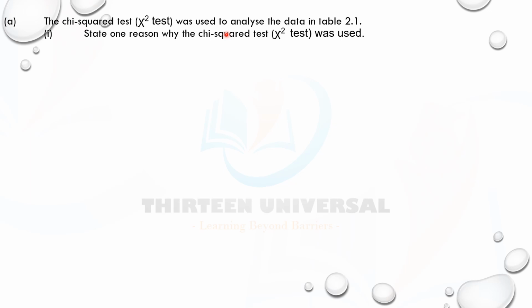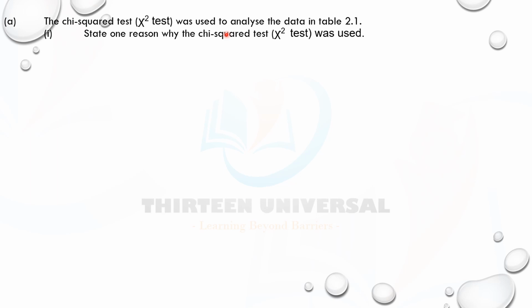We use it when the data is discrete, discontinuous. Discrete means that each measurement belongs to a particular group. The data is not between two extremes. That's when we use this.